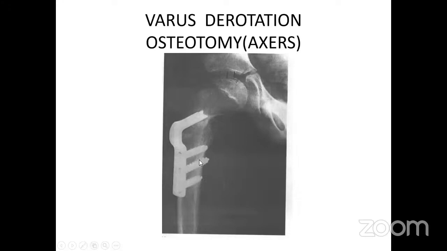When the limb is adducted and externally rotated, the child cannot walk normally, and you fix the osteotomy with plate and screws. So what will the patient do? The patient will try to abduct and internally rotate, thereby containing the head back into the acetabulum. So that is called axis osteotomy or varus derotation.